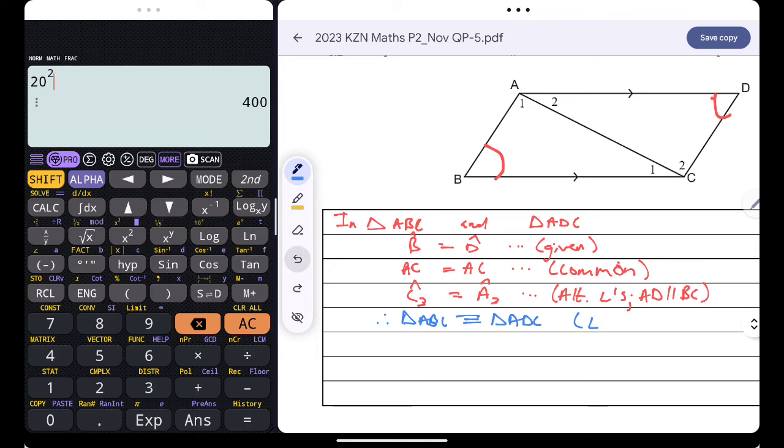It's angle, side and angle. Okay. Since the two triangles are congruent, please note that the sides which subtend equal angles, those sides will be equal.